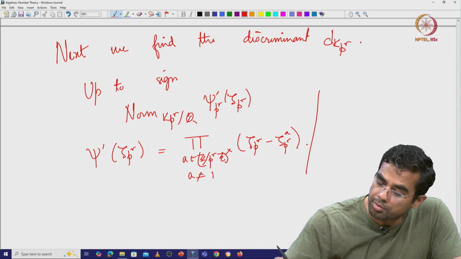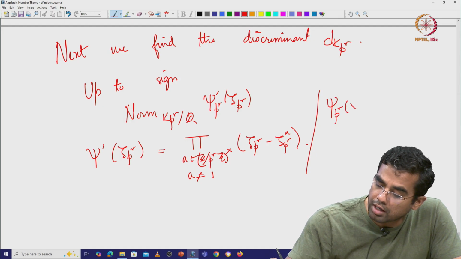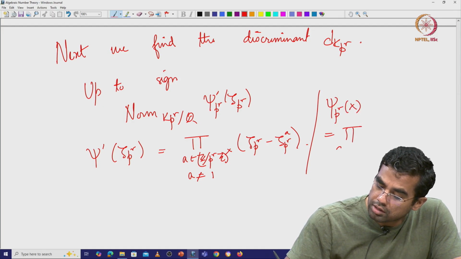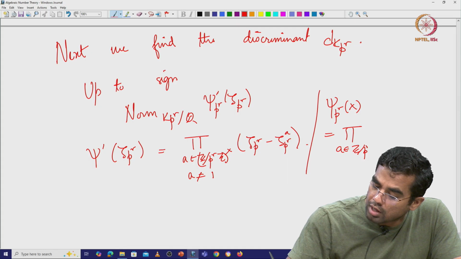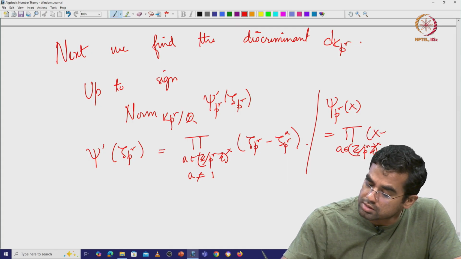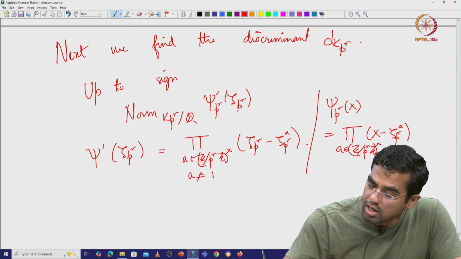Because remember, psi p to the r of x is the product over a in Z mod p to the r Z cross of x minus zeta p to the r to the a.